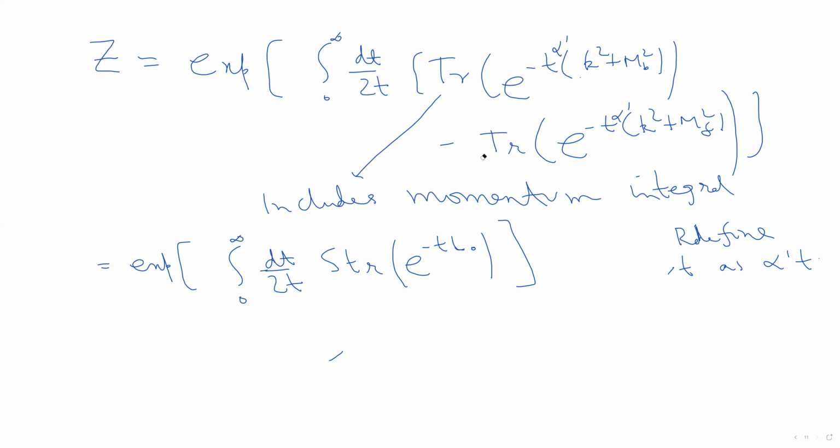Because you know that L0 has exactly this structure. For the open strings, L0 equal to 0 gives the on-shell condition. So L0 is alpha prime times k squared plus n squared. Is that clear? And this super trace basically means that it's a trace with minus 1 for fermions.